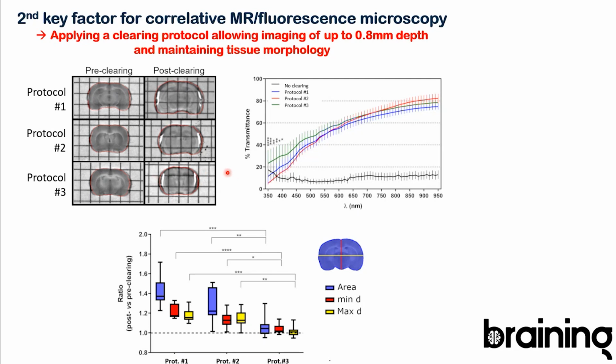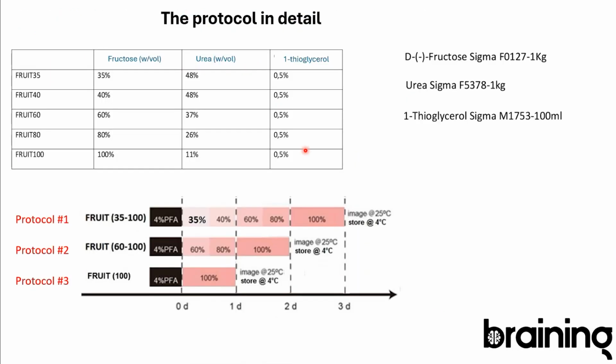This is a compromise from a certain point of view, but it's still functional because we just want to compare the accuracy of that specific image that we ran in MRI with exactly the same slice present ex vivo. If you see here, this is the protocol in detail, which is basically based on fructose and urea to soften the tissue a little bit.